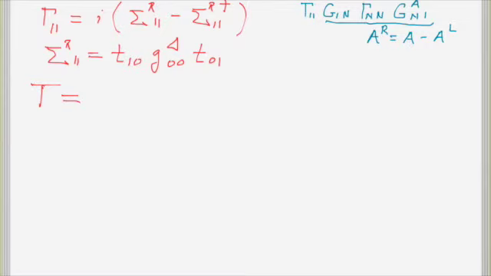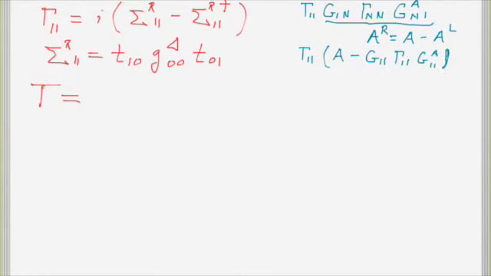So that's equal to gamma 1,1 times A minus G_11 gamma_11 G_11 dagger.